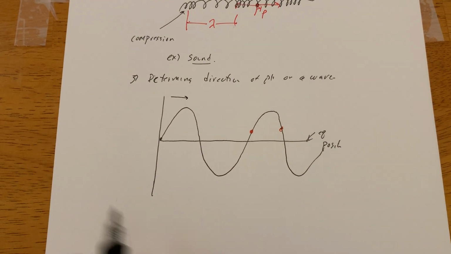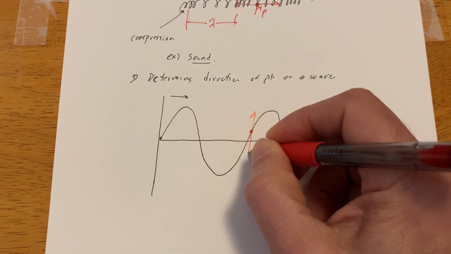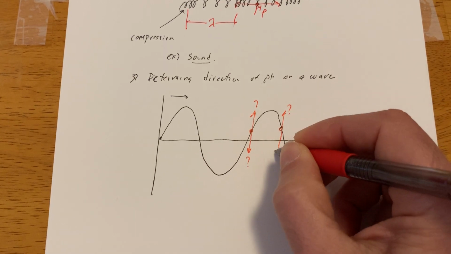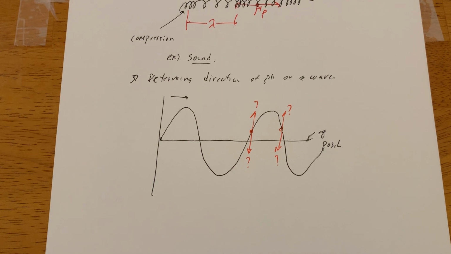So right now, the only two possibilities for these two points are that they could be going up or they could be going down. It's a question mark, a question mark. So that's the only two possible directions these two could be going. Well, what is it? I'm going to give you a little technique now on how to figure out, at this instant in time, which direction these two points are moving.